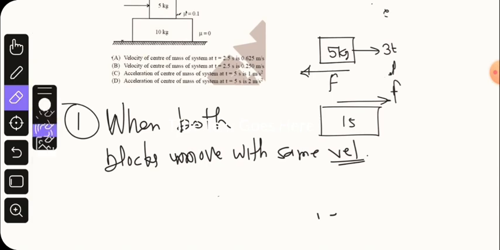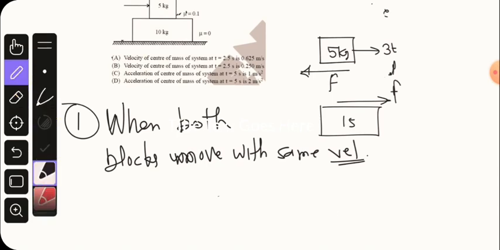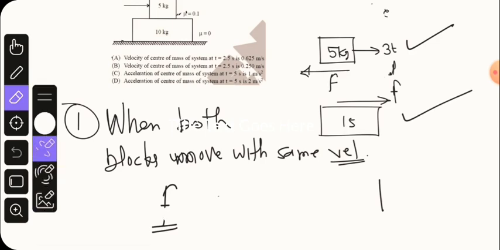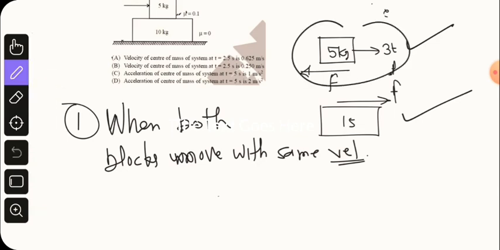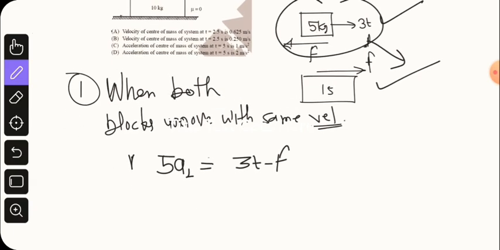So up to which point will they move with the same velocity? Up to the point when the frictional force is sufficient to give the same acceleration to both blocks, right? So for the first block, if you write the equation, it will be 5a equal to 3t minus F, and for the second block, the 10 kg mass, it will be only F, right?